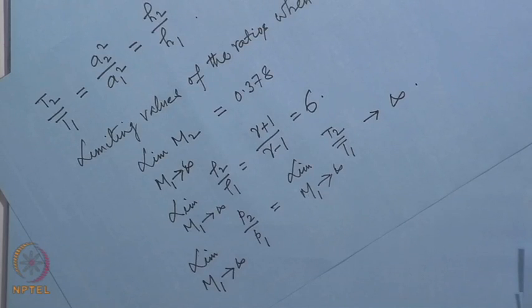As the upstream Mach number reaches a very high value, the pressure ratio and temperature ratio also reach a very high value. Looking back at all these relations, what we have seen is that for a thermally and calorically perfect gas, all the parameters are functions of upstream Mach number and the specific heat ratio gamma.